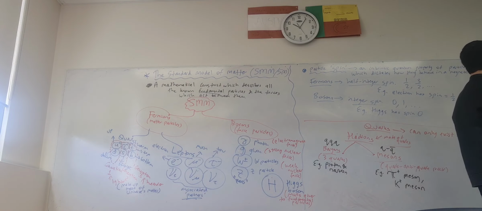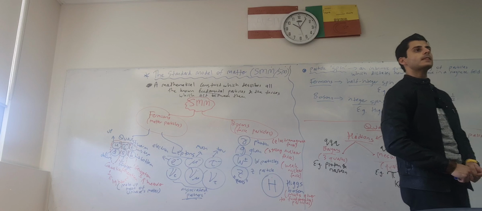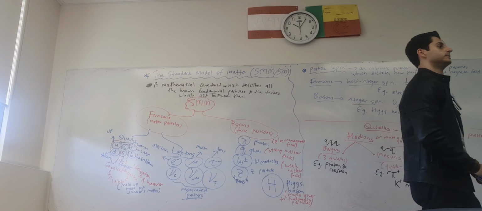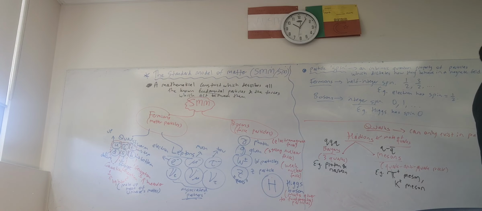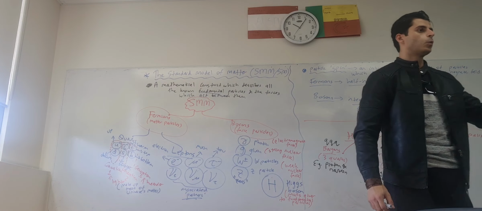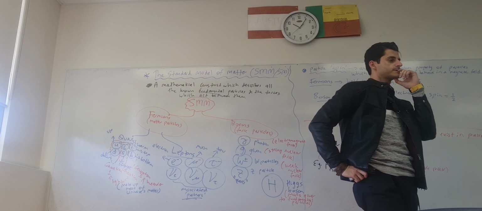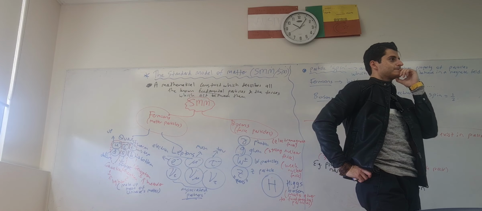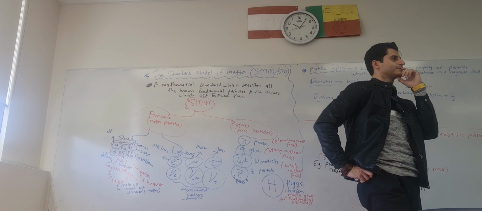How was it detected? It was indirectly detected by particle decay. Because the Higgs is very short-lived, it has a lifetime of about 10 to the minus 43 yoctoseconds, I think.